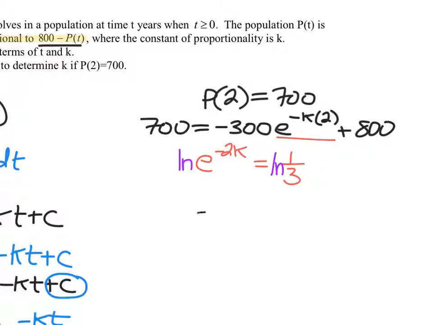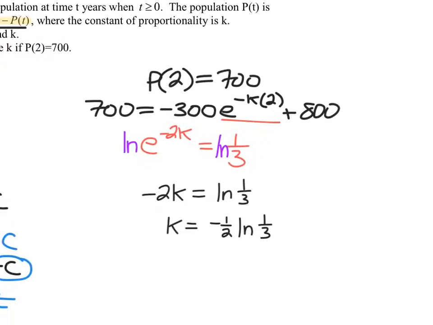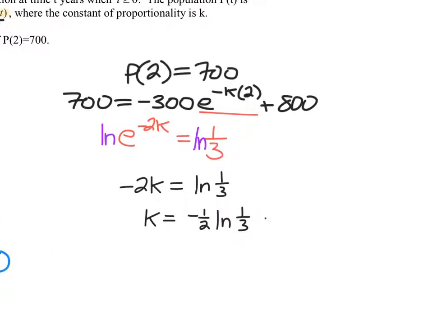So we'd have negative 2k is equal to natural log of 1/3, making k equal to negative 1/2 ln of 1/3. If you want to consolidate it into a single natural log without a coefficient, you could write it as ln of 1/3 to the negative 1/2.